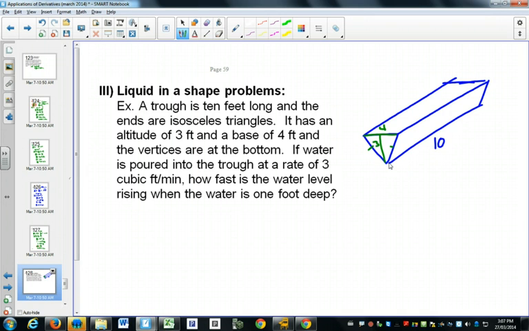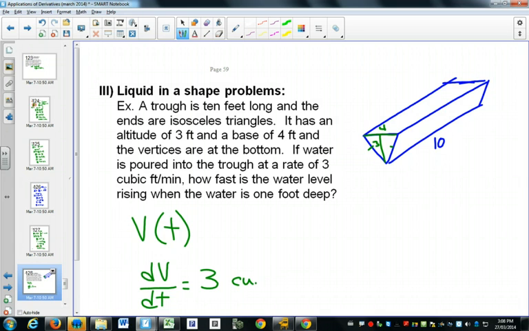What is that? That's a rate of volume, right? So we know that volume is a function of time, and we know that dV/dt is 3 cubic feet per minute.